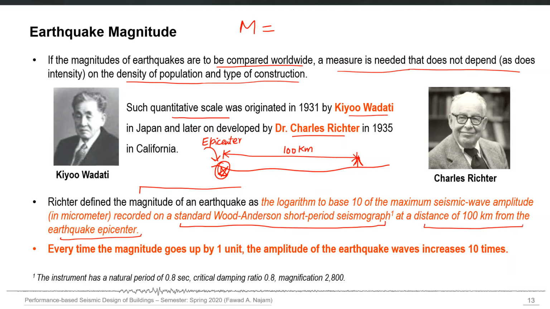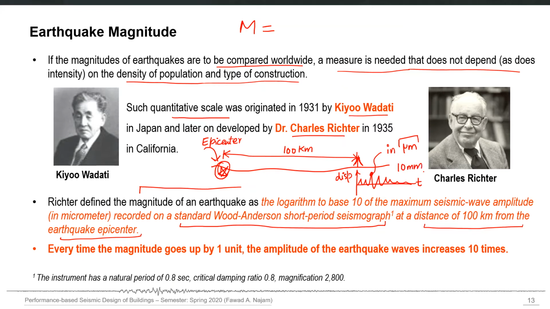So the recording of that particular seismograph, let's say it records this shaking, and that is the ground displacement versus time. The peak number of that displacement in micrometers, if you take the log base 10 of this number in micrometers, then the resulting number you will get, let's call it the magnitude of an earthquake. So let's say it records a ground shaking where the peak number is 10 millimeters.